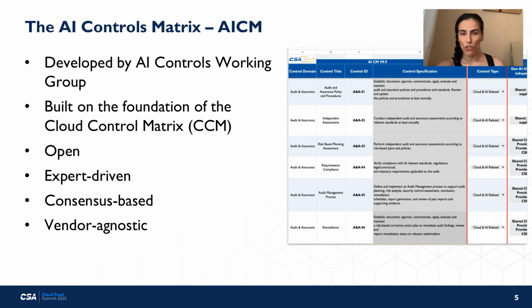Okay. Thanks, Marina. So as with all CSA working groups, as well as CCM, this AI Controls Matrix has been developed by the AI Controls Working Group, built on CCM as a foundation. It is an open working group, as all CSA working groups are, expert-driven, consensus-based, and vendor-agnostic.